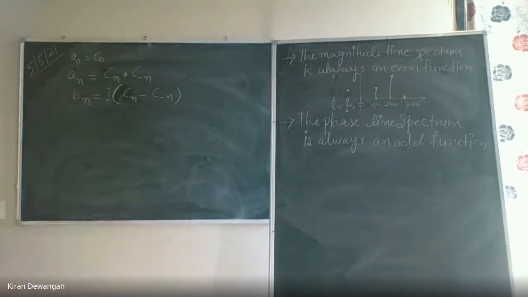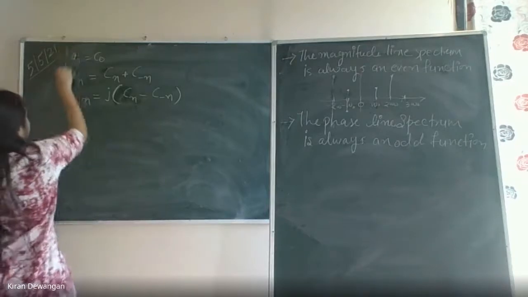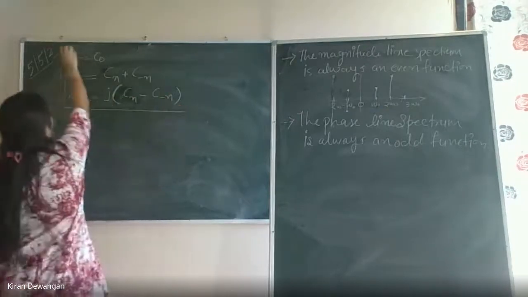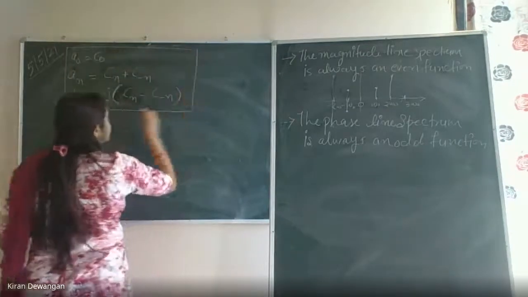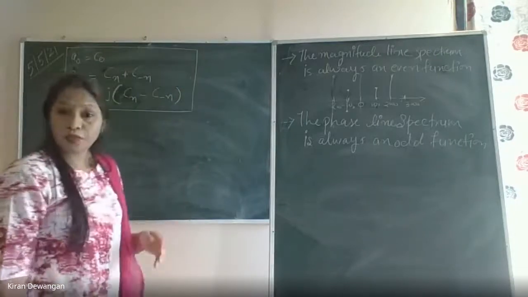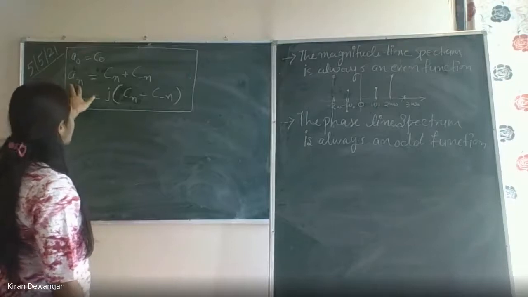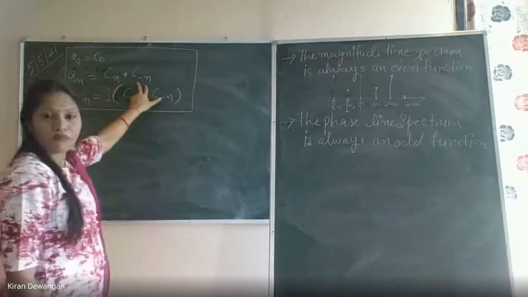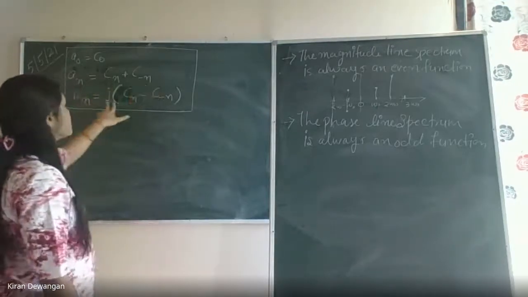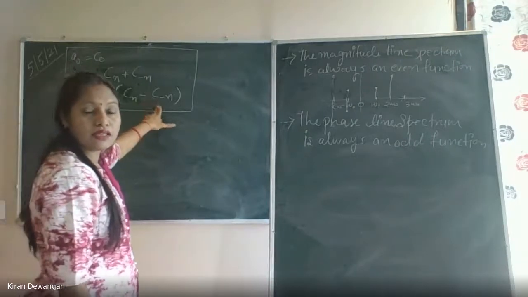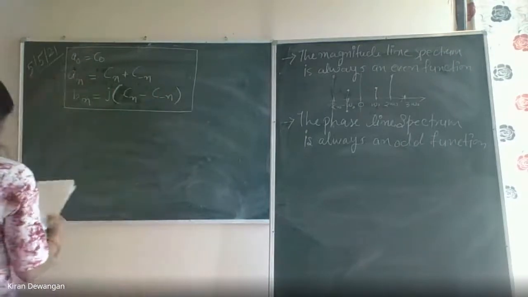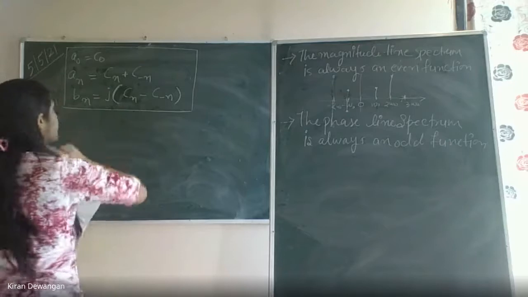So that is how we can write the relation between the trigonometric coefficients and the exponential coefficient. A naught is equals to capital C naught, a n is equals to c of n plus c of minus n. b of n is j times c of n minus c of minus n.